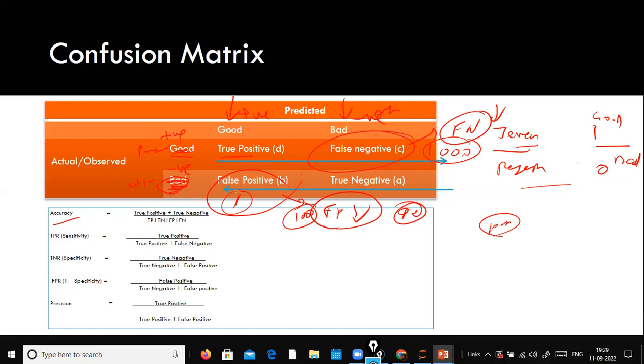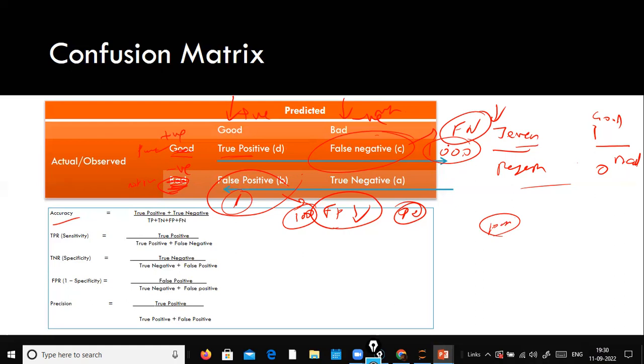Even in that case, when it comes to money, you're not going to lose any money. But when you send an offer or something, you're going to target the wrong people. Fine, but the impact is not so high here, whereas here it is very high, because you're going to lose the potential customers.